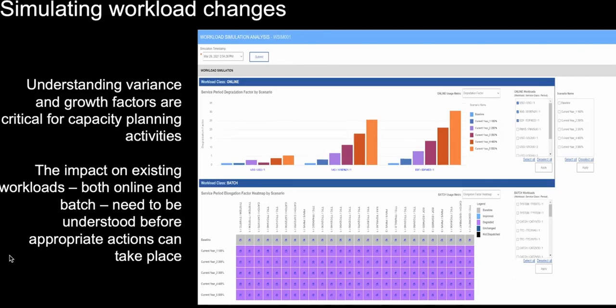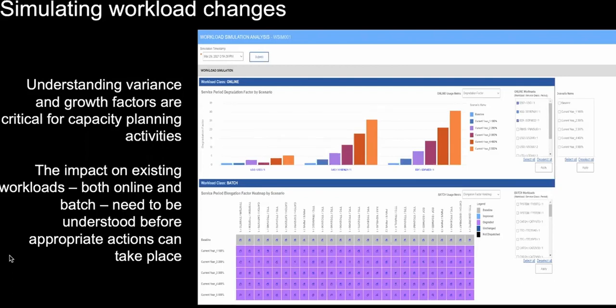So traditionally, capacity planners would be creating lots of complex models, in-house tooling to build out their planning. And that can sometimes be inflexible to rework when assumptions change. One thing that we want to apply here with PCA is the ability to do a workload simulation forecast. So in this example, we're showing a single LPAR and an interval period, and an analysis can take place on what potential impact there might be if there are IO delays, if the scale of the workload was to change by a certain percent in coming years.